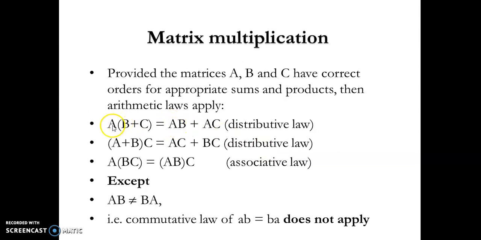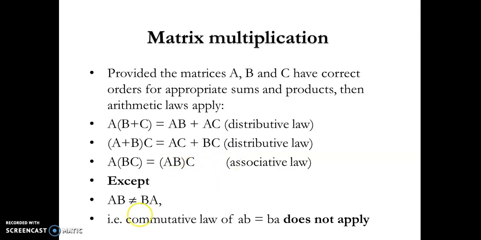So you could distribute or apply A separately to B and C to get the product of AB plus the product of AC. And this still applies by virtue of the distributive law. And then with the associative law, it does not matter if you get the product of BC, then multiply by A, or get the product of matrices AB, then multiply by matrix C. You would still yield the same answer.